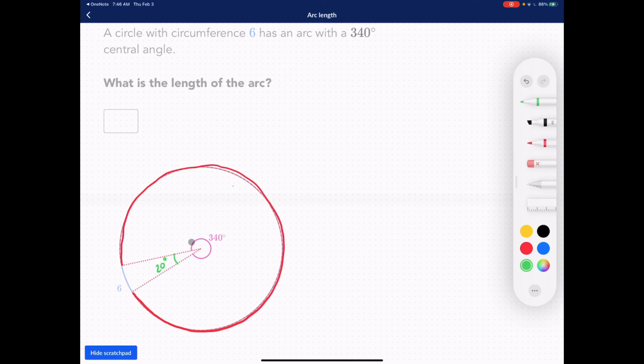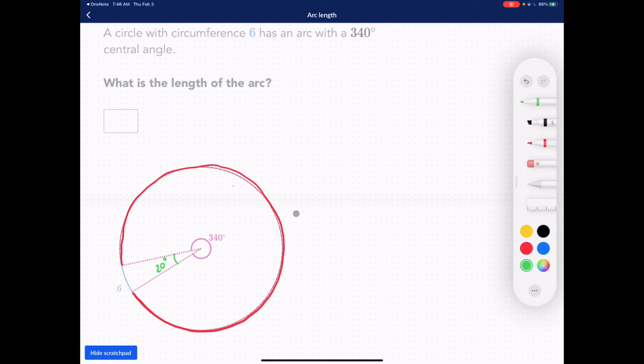So I want to see what is 340 in terms of a fraction. In terms of this entire circle, what fraction is this red line of the entire circumference?